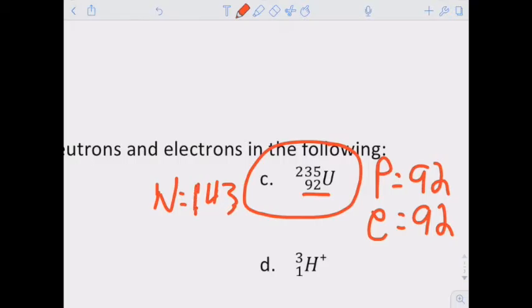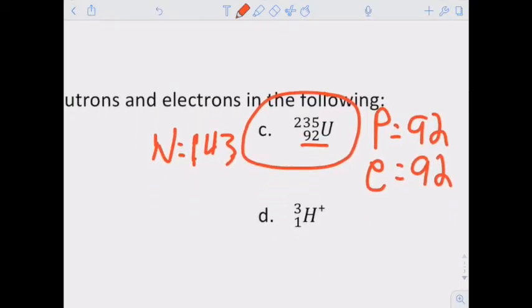Now with D, we still have our mass number and our protons, but we have a charge out here. When we think of it, protons minus electrons equal the charge.